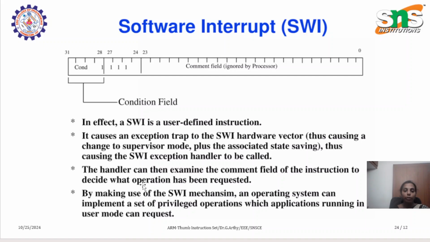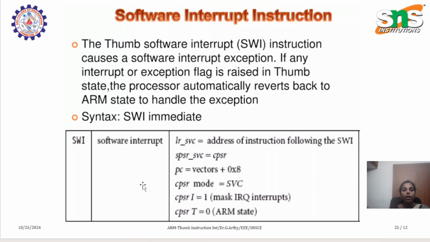By making use of the SWI mechanism, an operating system can implement a set of privileged operations which applications running in user mode can request. So this is how a software interrupt works, and this is the syntax of the software interrupt, and the immediate value was also mentioned.